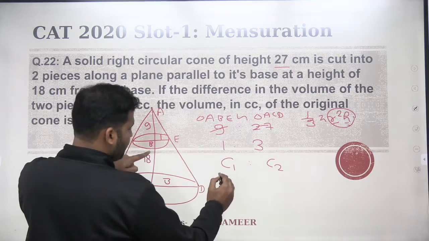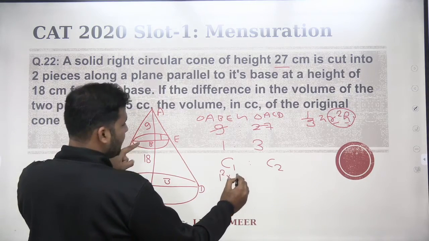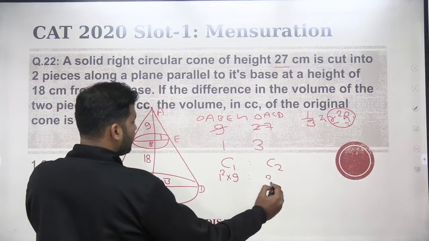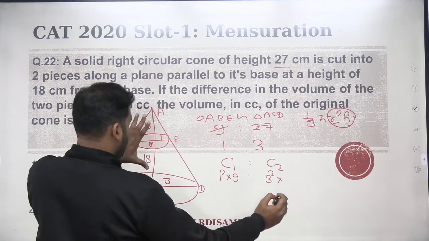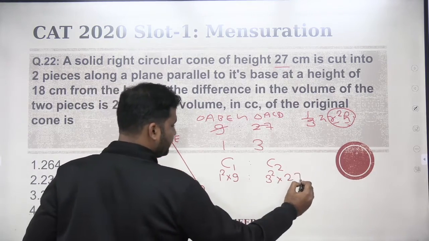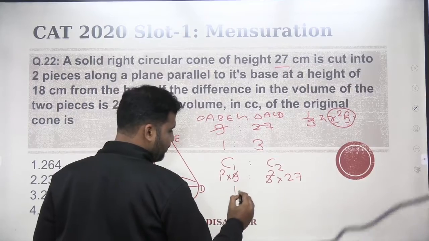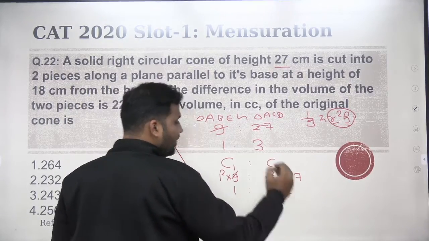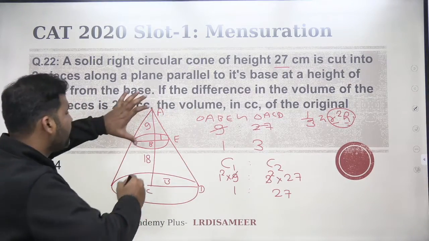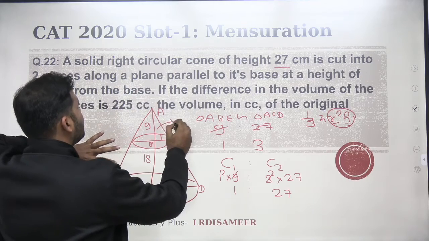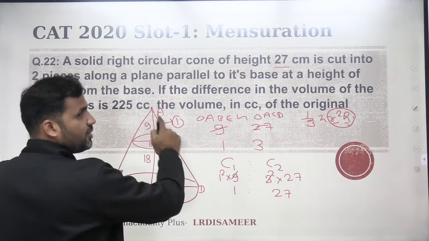So r square 1 square into height 9, r square into height 27. This gets cancelled. 1:27 is the volume ratio. That means if the volume of this cone is 1, the volume of the larger cone will be 27.